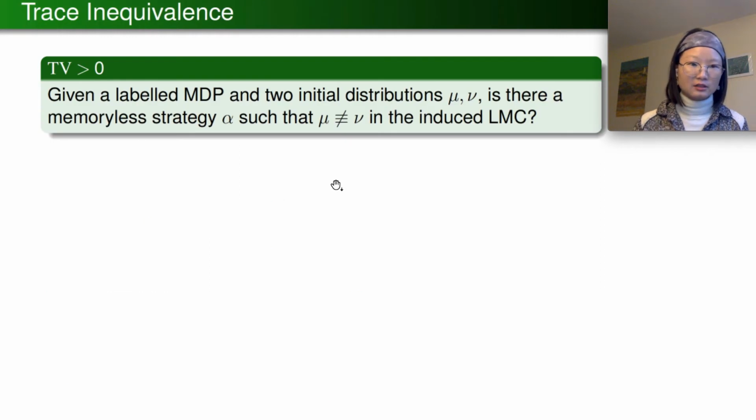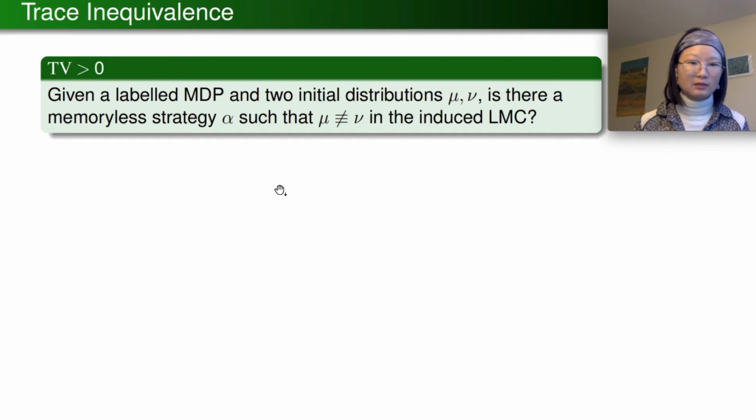As we have mentioned, it is polynomial time to decide total variation distance 0 and 1, so we might ask ourselves similar questions on MDPs. Let's first have a look at this trace inequivalence problem.